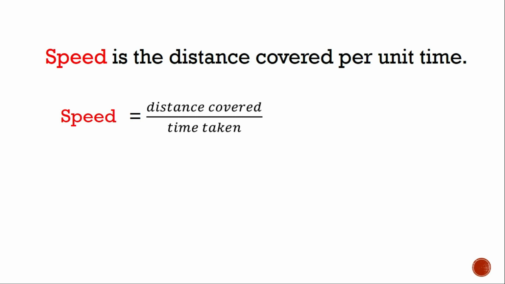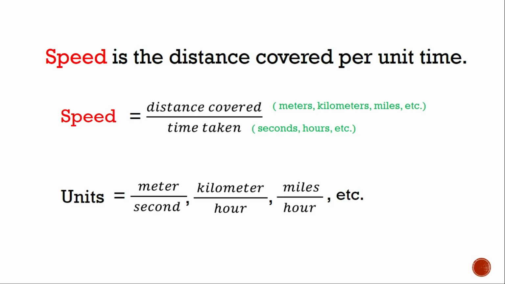And because distance is measured in units of length such as meters, kilometers, miles, etc., and time in seconds and hours, etc., some common units of speed are meters per second, kilometers per hour, miles per hour, etc., out of which meter per second is taken as the SI unit for measuring speed, as meter is the SI unit of length and second the SI unit of time.